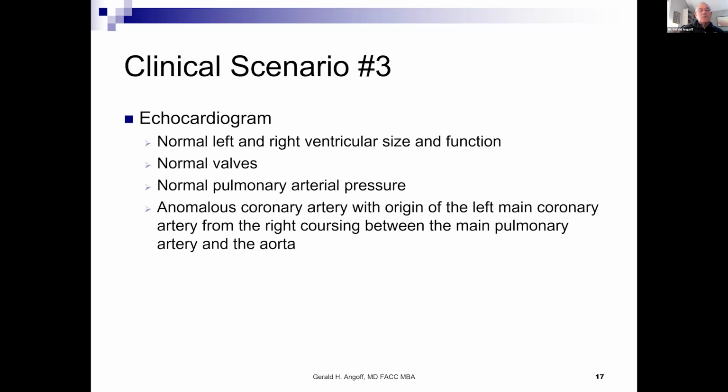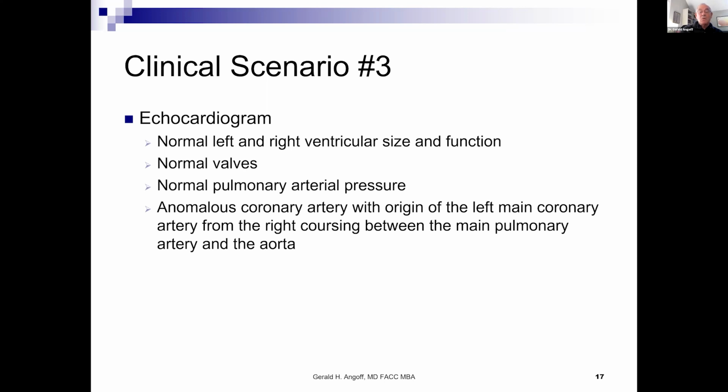Further data, an echocardiogram showed normal cardiac size and function, normal valves, normal pulmonary pressure. There was an anomalous coronary artery origin, with the left main coronary artery starting from the right coronary artery and coursing between the main pulmonary artery and the aorta.